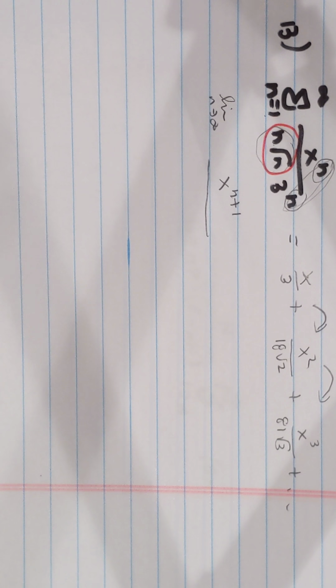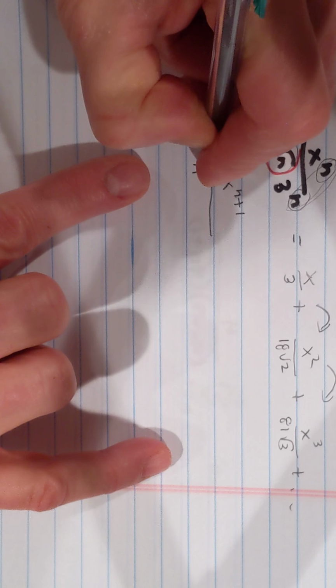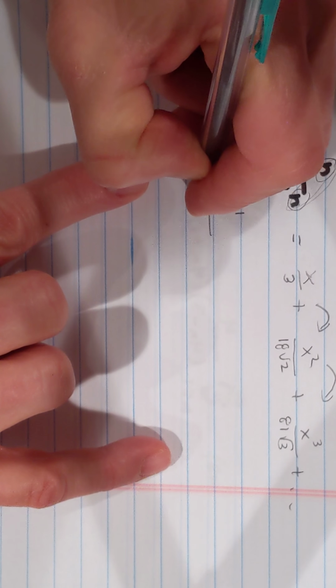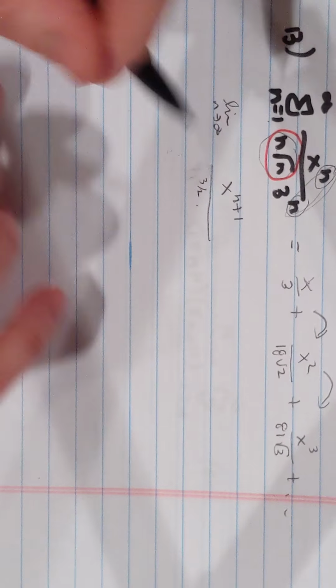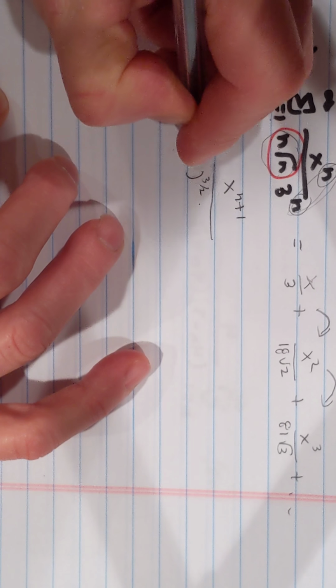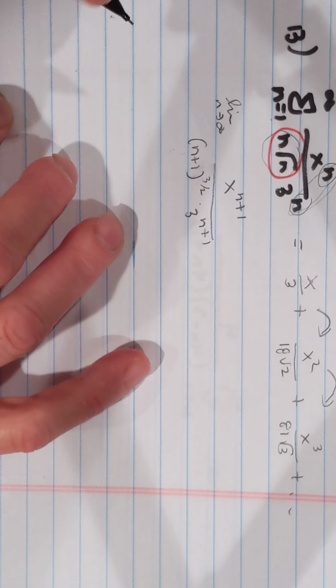So I'm going to rewrite that just so I can save some space. n to the 3/2. I'm sorry, I have to make it n plus 1, and then 3 to the n plus 1.